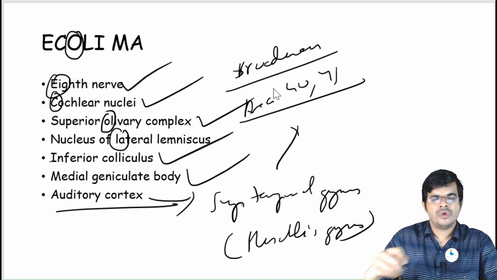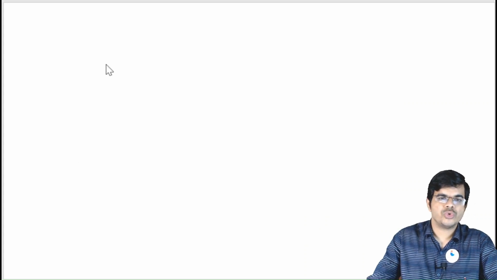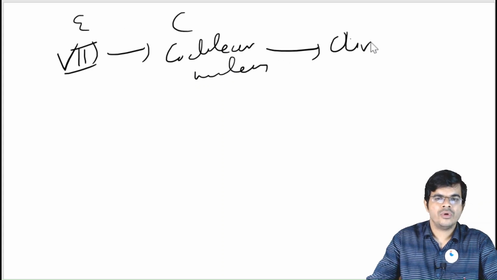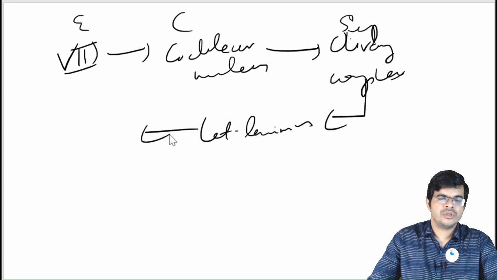Okay, so this is how sound wave travels. That is, initially it goes through the 8th nerve, then it reaches the dorsal and ventral cochlear nucleus. Okay, this is E, this is C. Then it goes to the olive or superior olivary complex. Then you have the lateral lemniscus. Then you have the inferior colliculus.